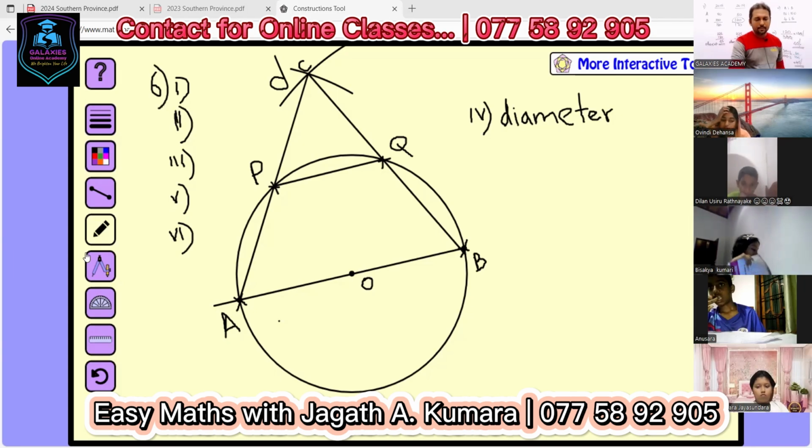Set square, so you can write the 7th part answer: set square.